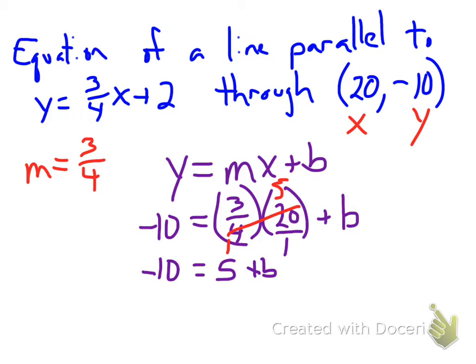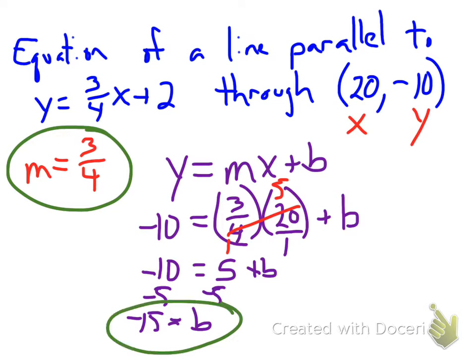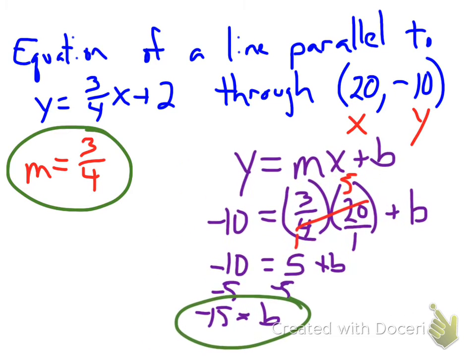Plus b, I subtract the 5 from both sides, and my b value is -15. Once I've identified that slope and y-intercept, I can now write the equation of my line. y equals 3/4 x minus 15.